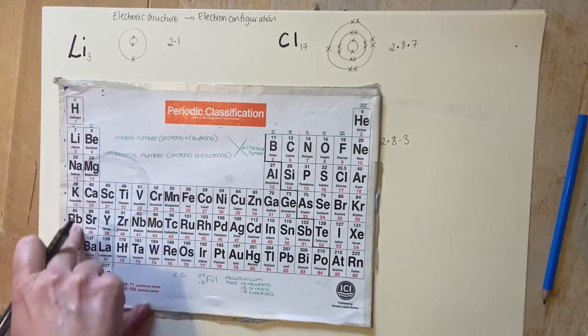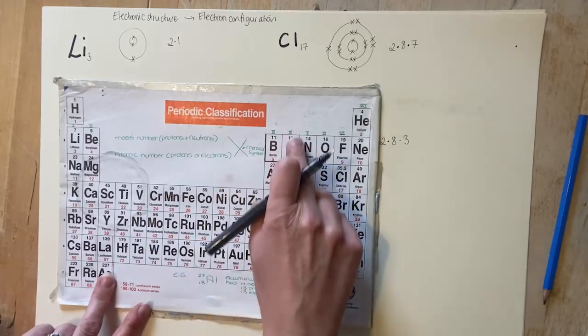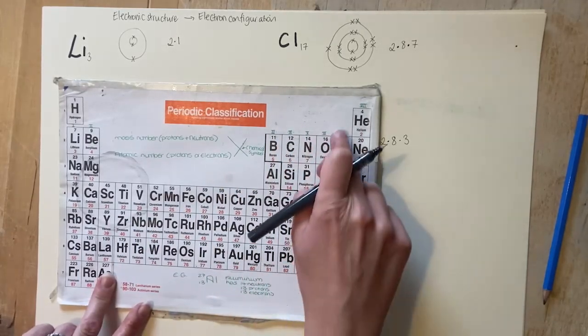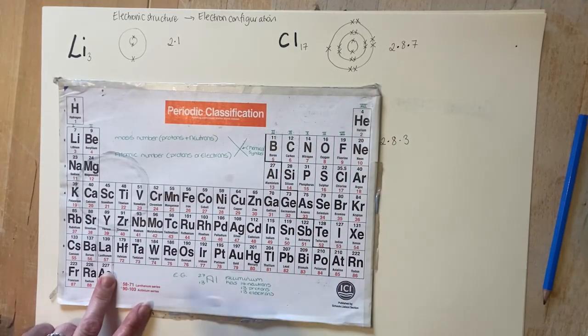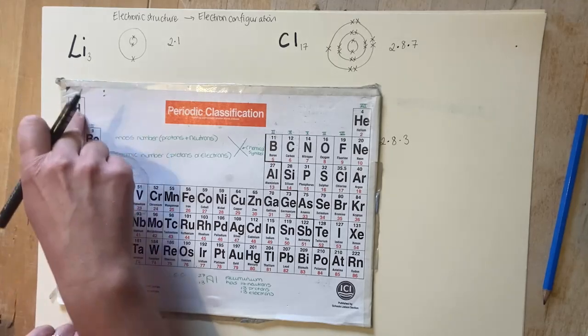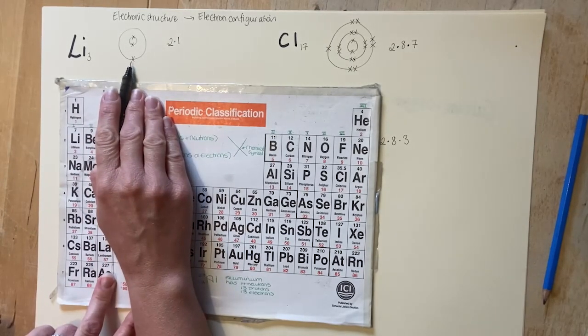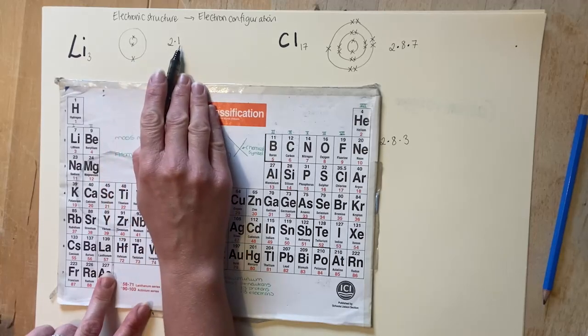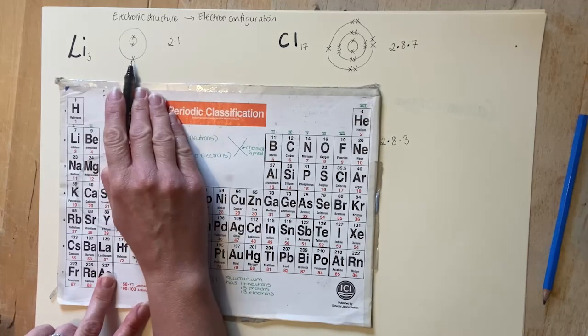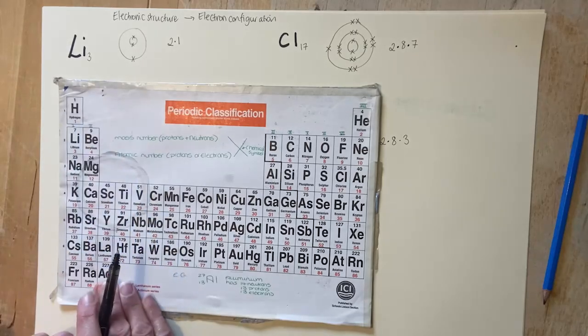This is group 1, 2, 3, 4, 5, 6, 7, and 8, or 0. Lithium is in group 1. Lithium also happens to have one outer shell electron. Number 1 at the end there. It has one outer shell electron, which means it is put into group 1.